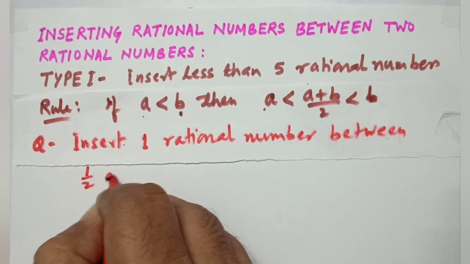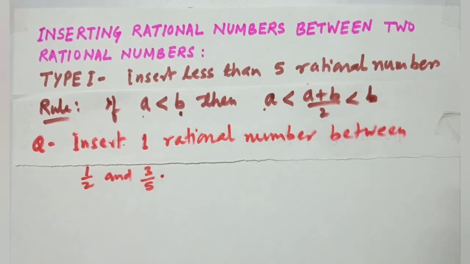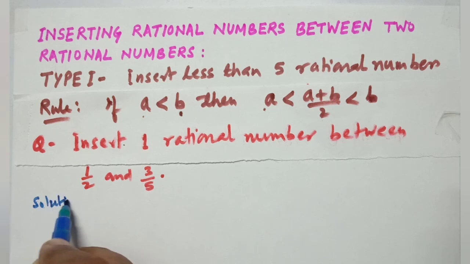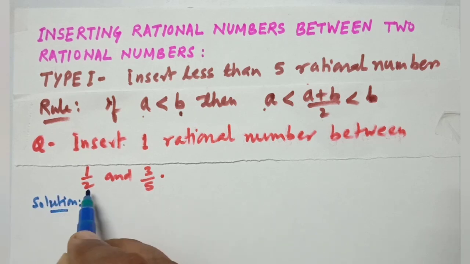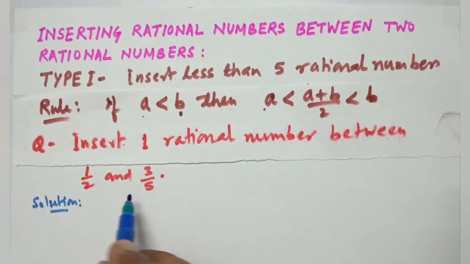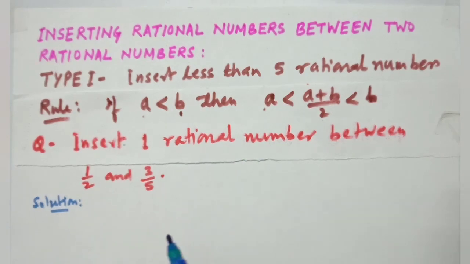So how to solve? Now this is A and this is B. To find a number between these two rational numbers, we will use this rule: add them and divide by 2.